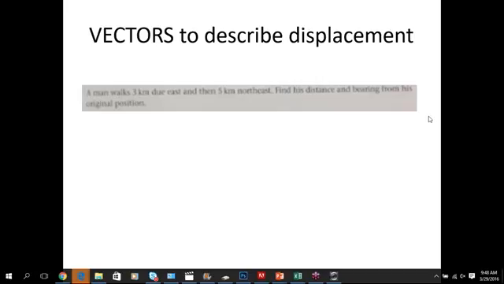What did you say? 7.2. But here x squared equals 52, and x equals root 52, approximately 7.21 kilometers, 3 significant figures in that distance.